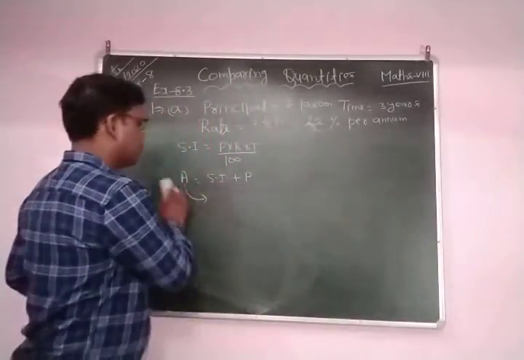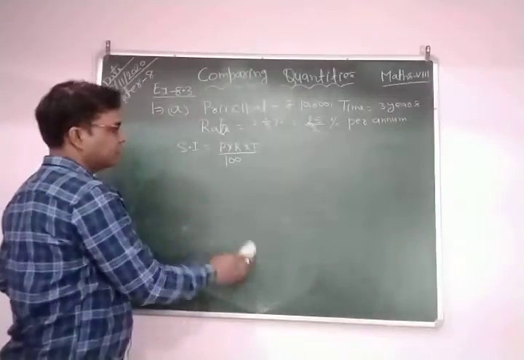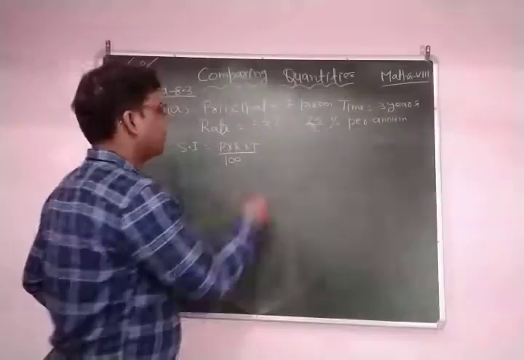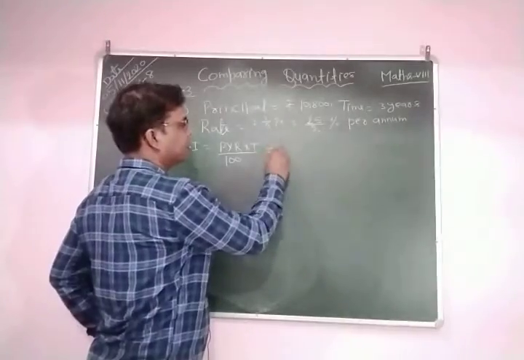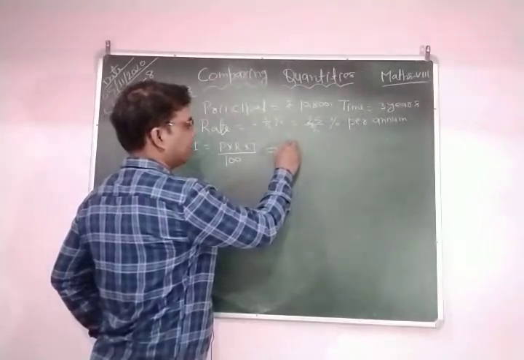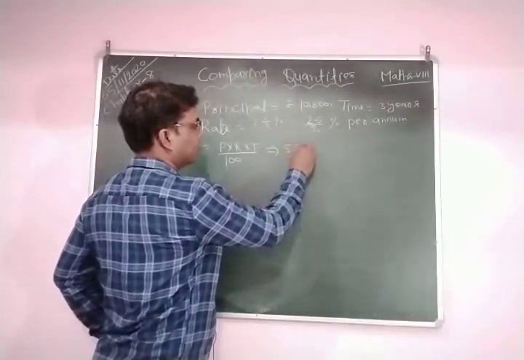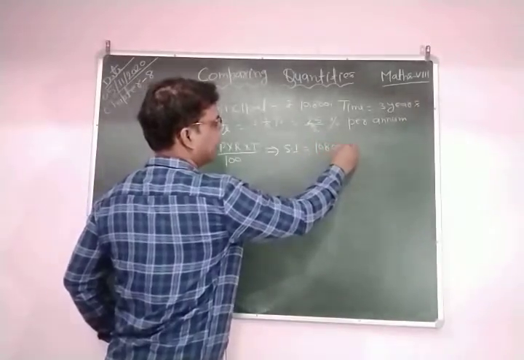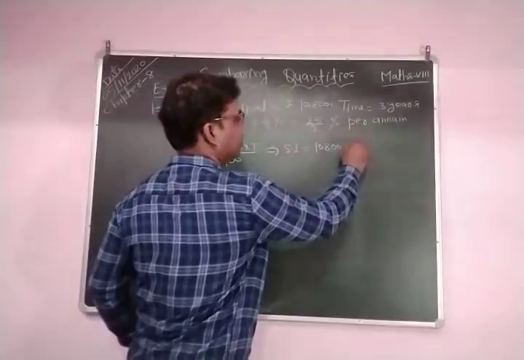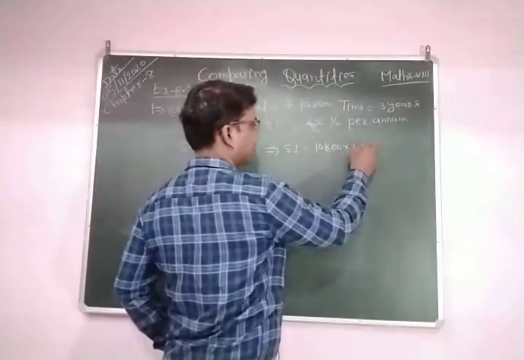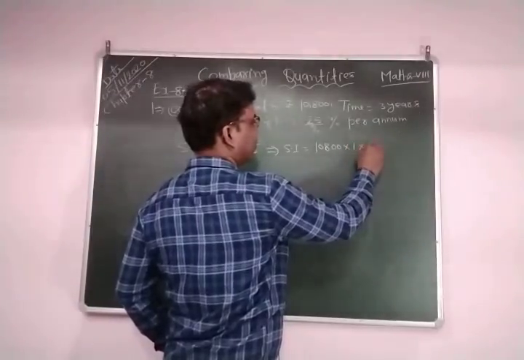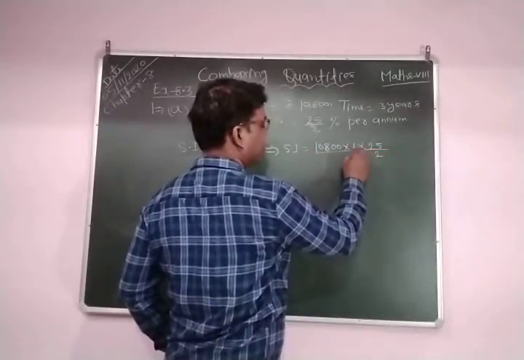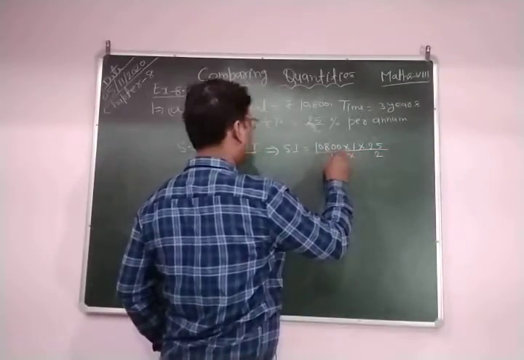Okay, so first we find simple interest. So here you can see what is given here. Then SI is equal to 10,800 is the principal, into time, here we take time 1 year only, and the rate, what is the rate? 25 by 2, into 100, this 100.